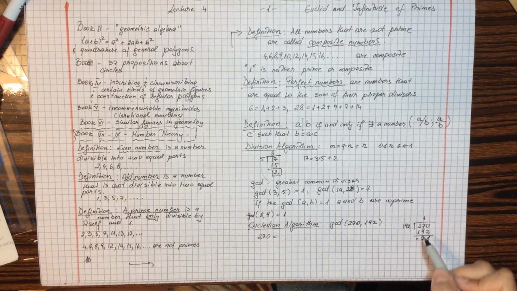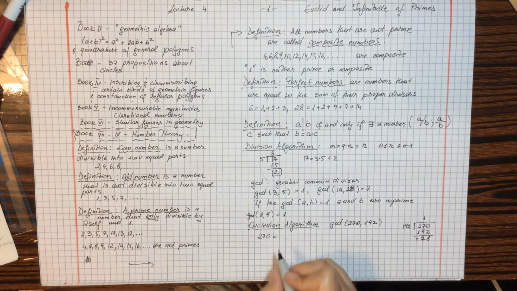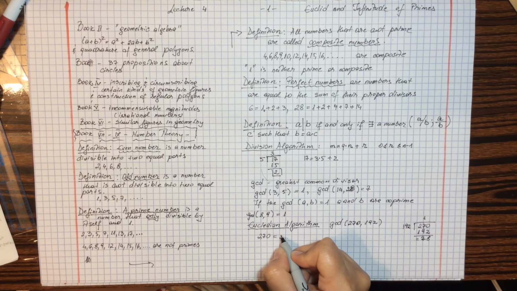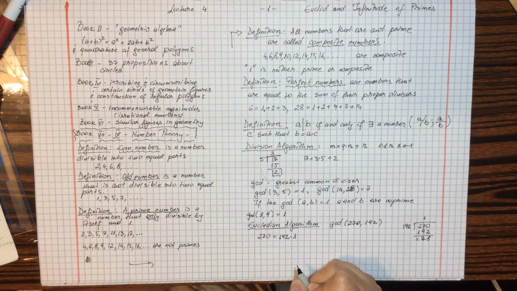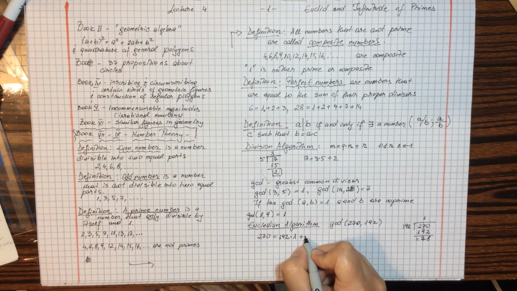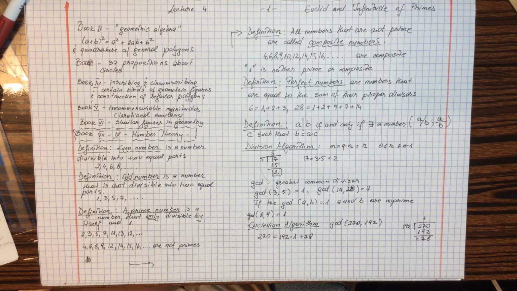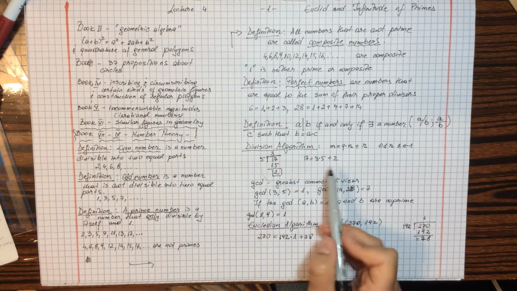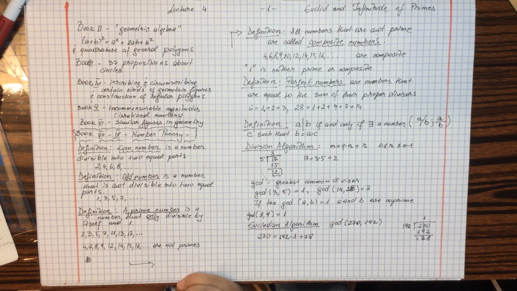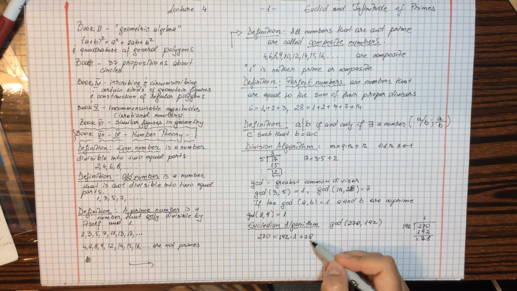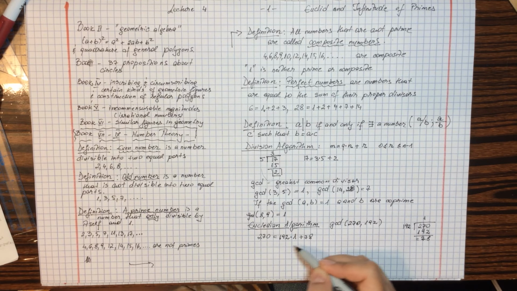So we're writing 270 as 192 times 1 plus 78. I'm not going to write that as the long division, but I'm going to write that first step in terms of the division algorithm, as in here. So I have a remainder. The remainder is 78, and surely it is less than 192.